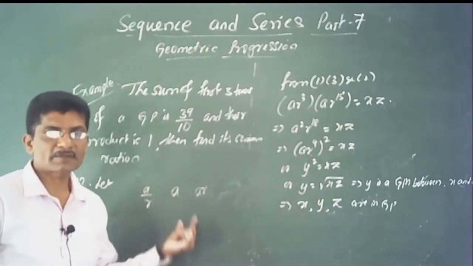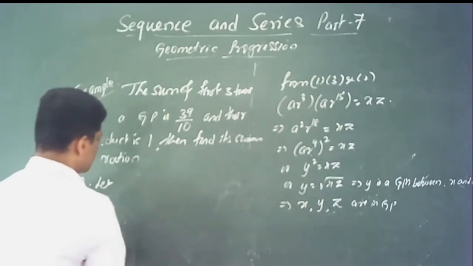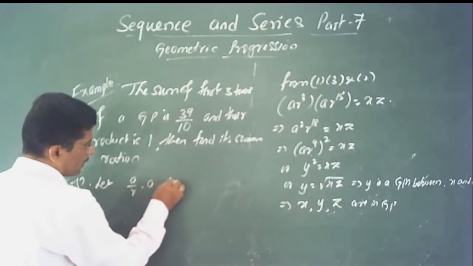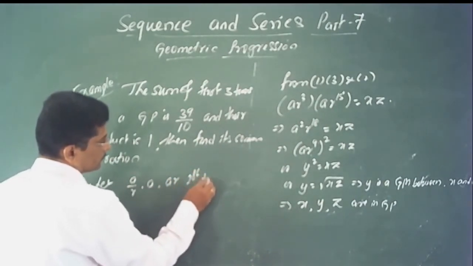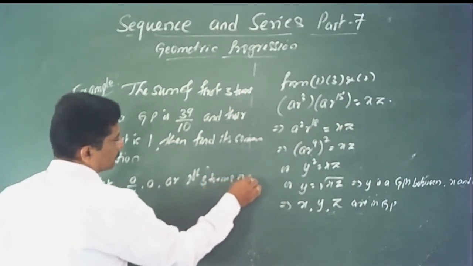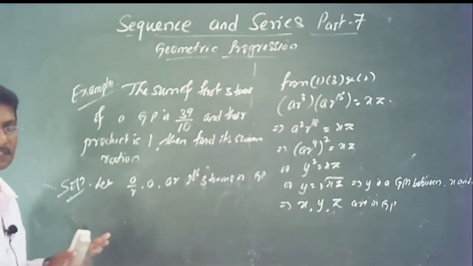We can easily find the values of A and R. Here let us assume that A by R, A and AR are the first 3 terms in a GP.